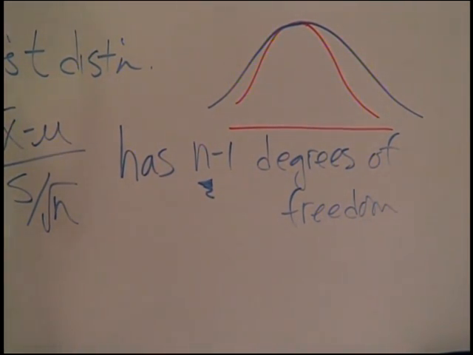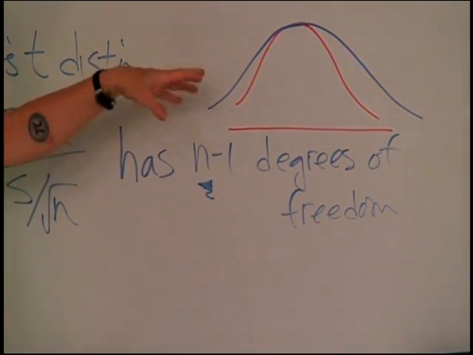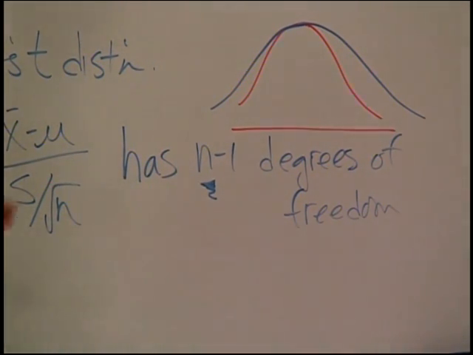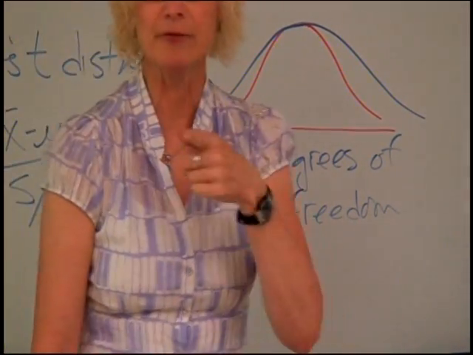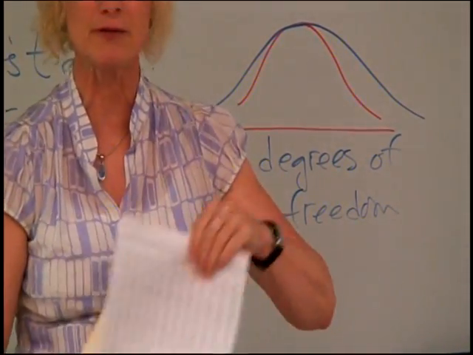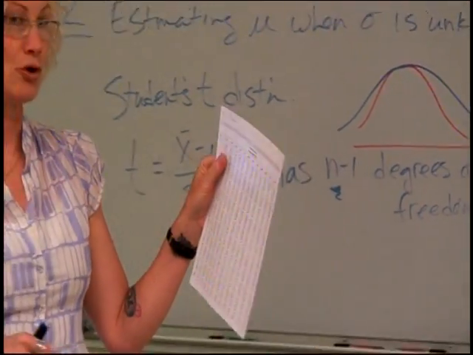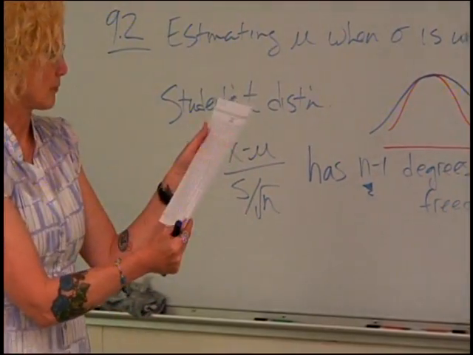We're not going to find probabilities like we did with the normal distribution with t. We're only going to be looking for these cutoff values in the tails. And that's where the new table comes in. For the online students, this is in your appendix in your book, and I'll also scan one for you and put it on my website.